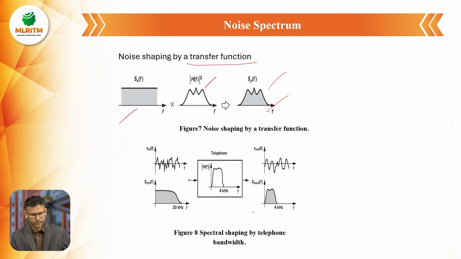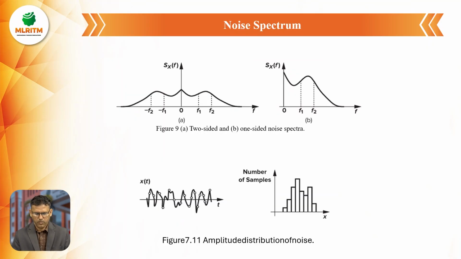Spectral shaping. Here, for the noise spectrum of two-sided signals, we consider the negative side and positive side. We can observe the positive side frequency spectral densities.